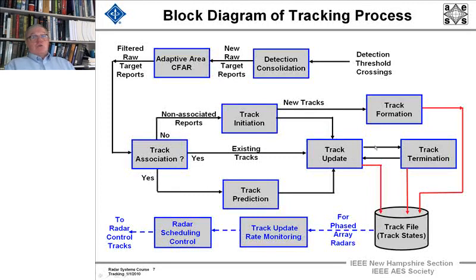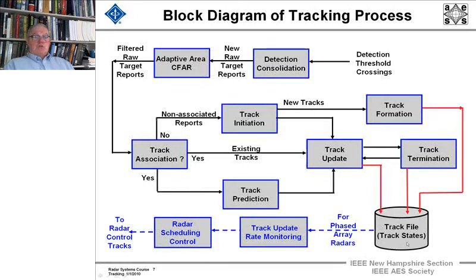If there's no association after a number of scans, we terminate the track, or we might coast the track 1 or 2 or 3 till the probability that if it really was there, we'd have seen it. Then we terminate the track like it landed at the airport, or it flew behind a mountain. And we'll pick it up on the other side of the mountain. And new tracks would go into track formation and then onto the track file. So this is the overall block diagram.